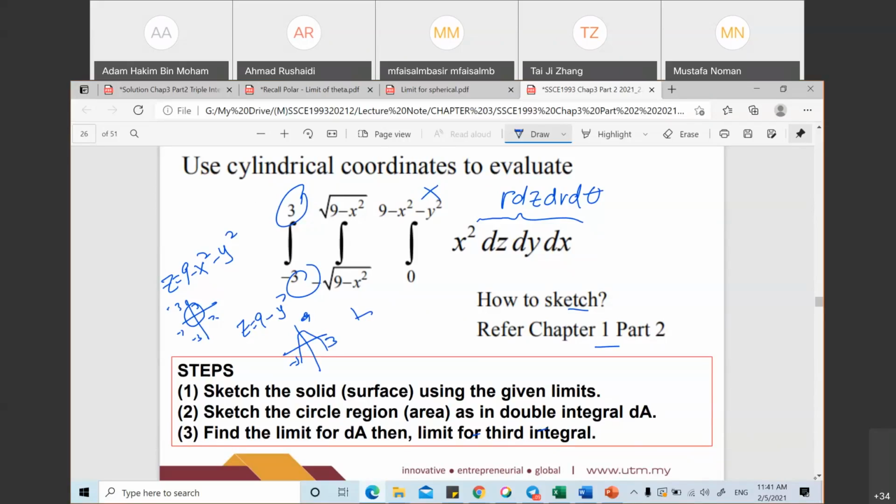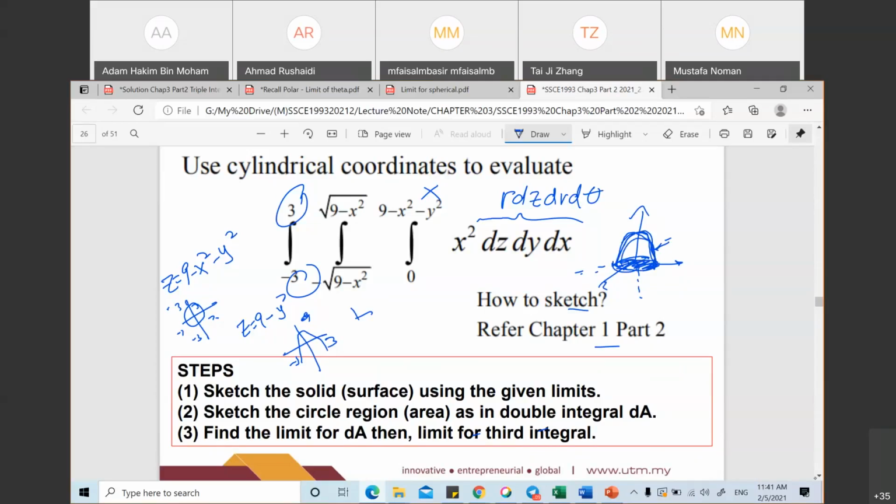So you can imagine the 3D will be something like this, the circle one, the lower part, and this is the upper part.